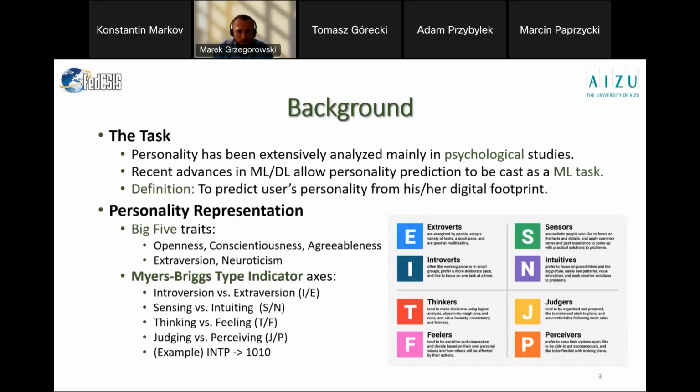Personality has been analyzed for many years, usually in psychological studies. But recently, the advance in machine learning and deep learning has allowed us to build automatic systems that could predict personality from data.